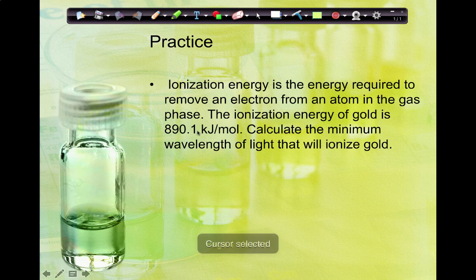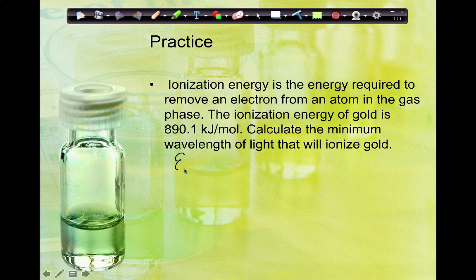All right, so ionization energy is the energy required to remove an electron from an atom in the gas phase. The ionization energy of gold is 890.1 kilojoules per mole. Calculate the minimum wavelength of light that will ionize gold. All right, so first thing, they give us ionization energy.